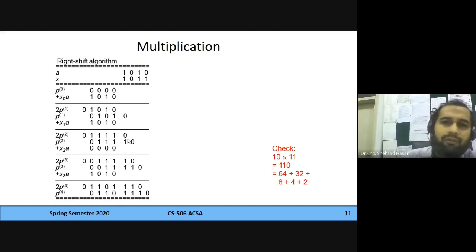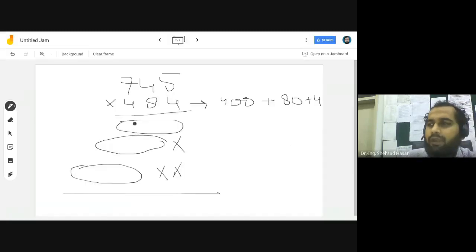If you are trying to do multiplication, as I've mentioned over here, we multiply starting from the least significant digit or bit, and then move on to the most significant.